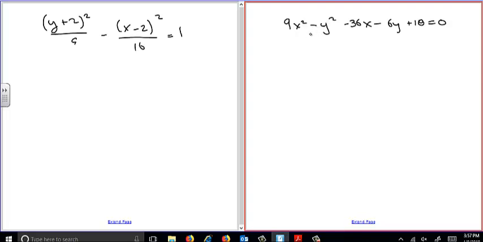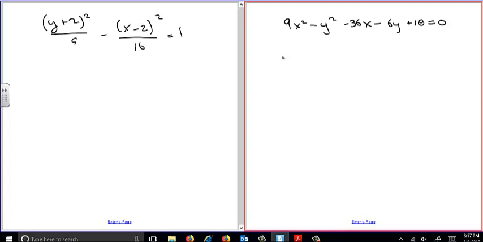Now you can't immediately know that the final form of this equation in standard form is going to have a positive x squared and then negative y squared. It'll depend upon what happens to the constants. If this ends up being equal to a negative number, then we'll have to divide everything by a negative number, so the signs will change, so you can't always rely upon the original signs.